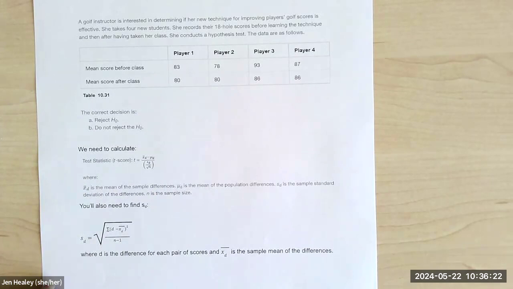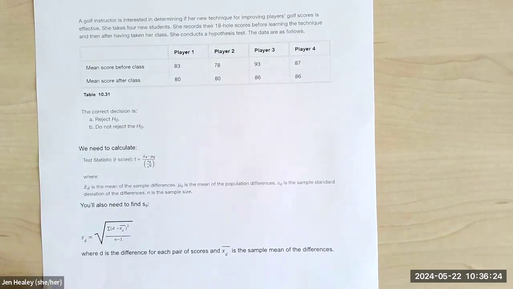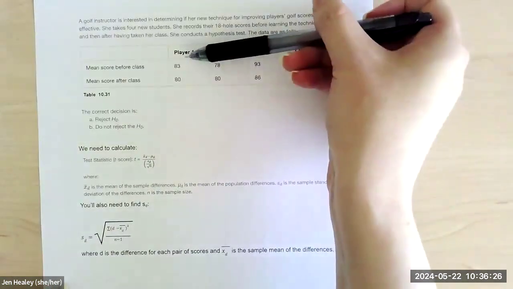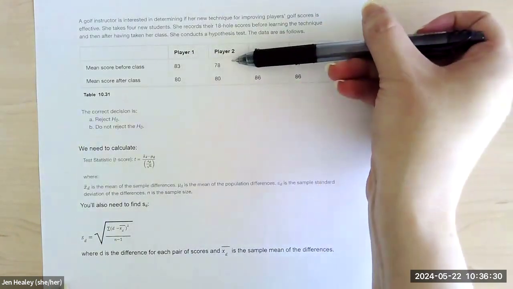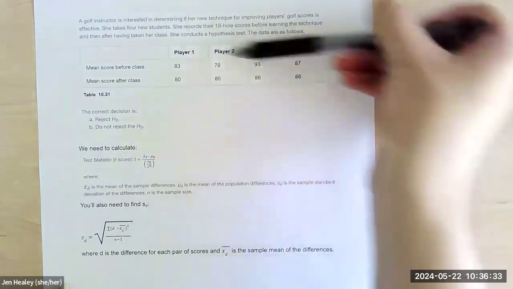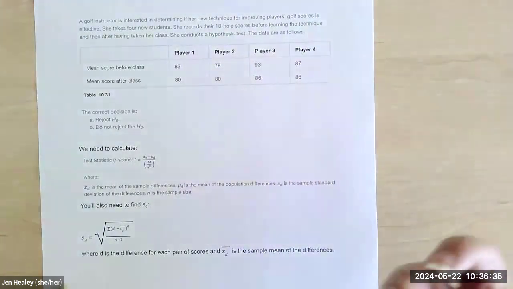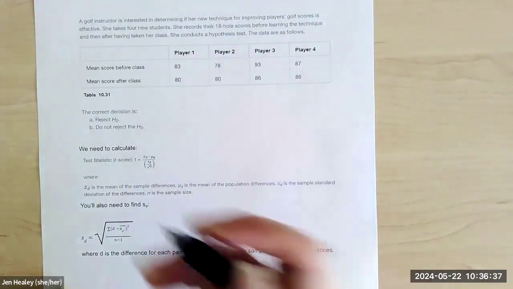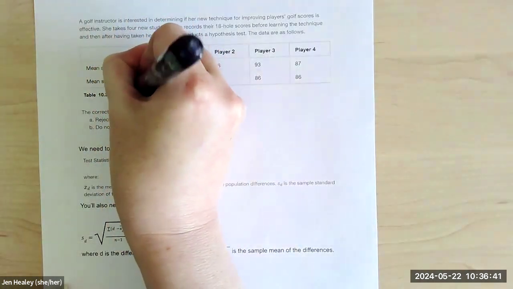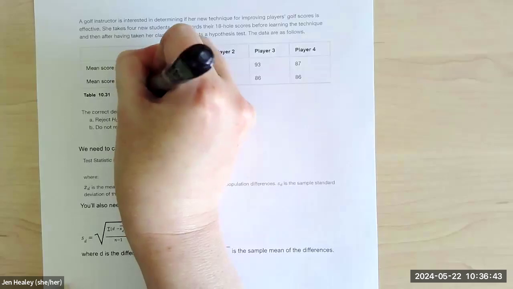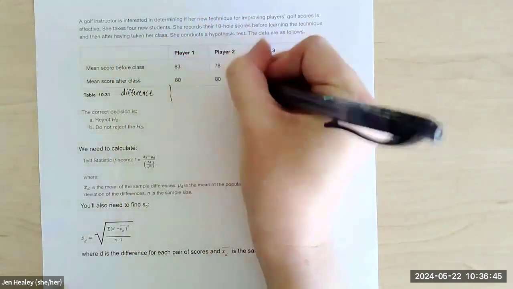The mean of the sample differences. So when I calculate a difference here, this minus this, or this minus this, I'm going to get sometimes a positive number and sometimes a negative number. So it matters how I calculate that sample difference. So I'm going to put difference down below this table here.